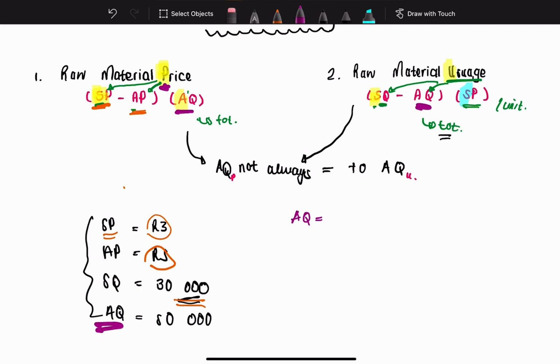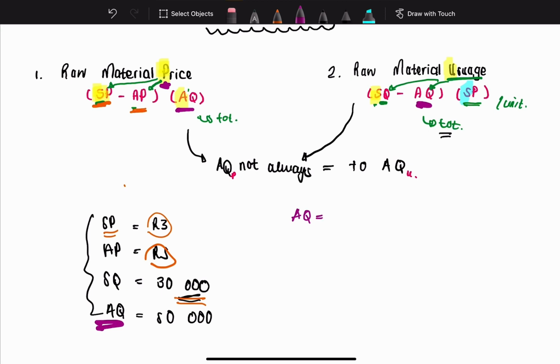So they tell you, for example, they bought 142,000 meters. That's how much they bought. So this is how many meters they bought. Okay? This is how much they paid for during the year. So this is relevant to our price variance.